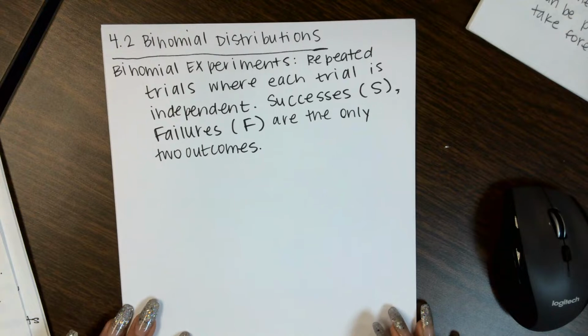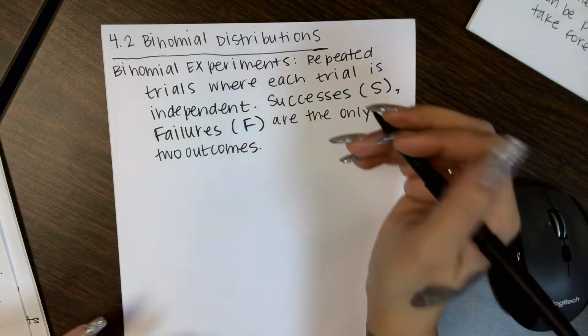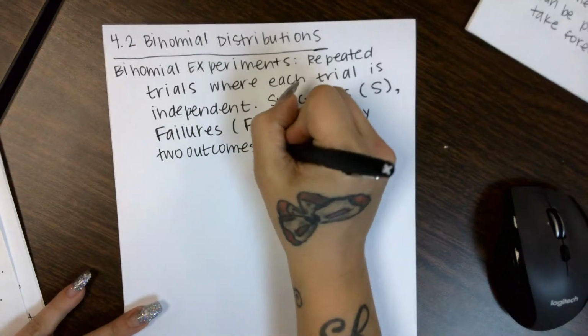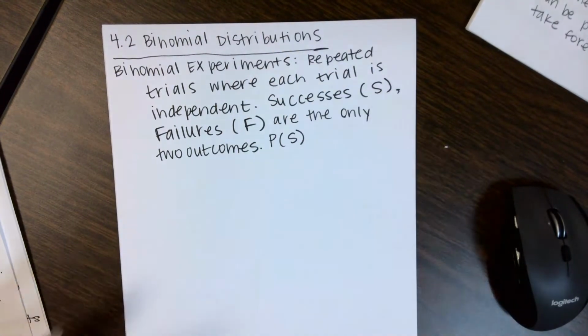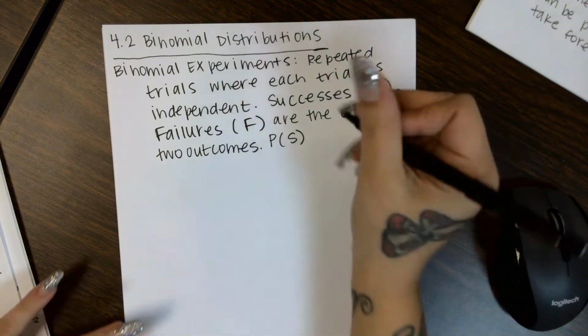The outcome could be a success or it's going to be a failure, period, nothing more. Now P of S, the probability of success, is the same for each trial, and that's because they're independent of each other. This happening does not affect anything else, so the probability of a success is going to be the same for each and every single one.